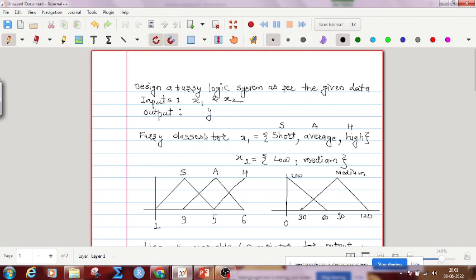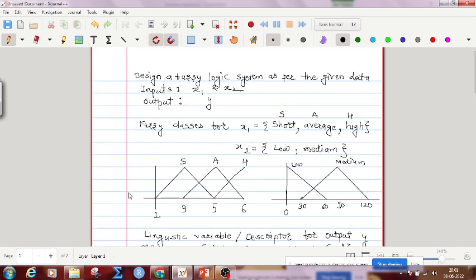Okay. What are the fuzzy classes for input x1? There are 3 classes: short, denoted by S, average, capital A, and high, capital H. And for x2 there are 2 fuzzy classes, low and medium. Okay, the fuzzy graphical representation is also given for x1.